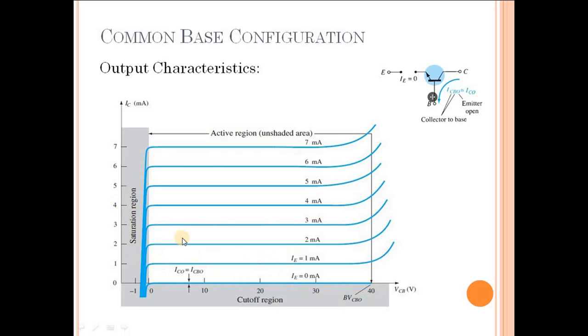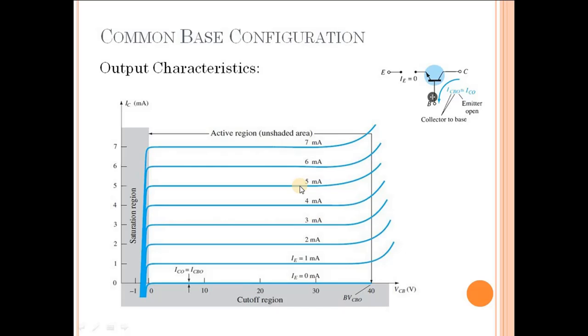This set of all these curves comprises the output characteristics. It is another matter how many curves, and for which values of IE, we want the plot. According to that we make the output characteristics, but basically it comprises several IC versus VCB curves, each corresponding to a certain value of IE.